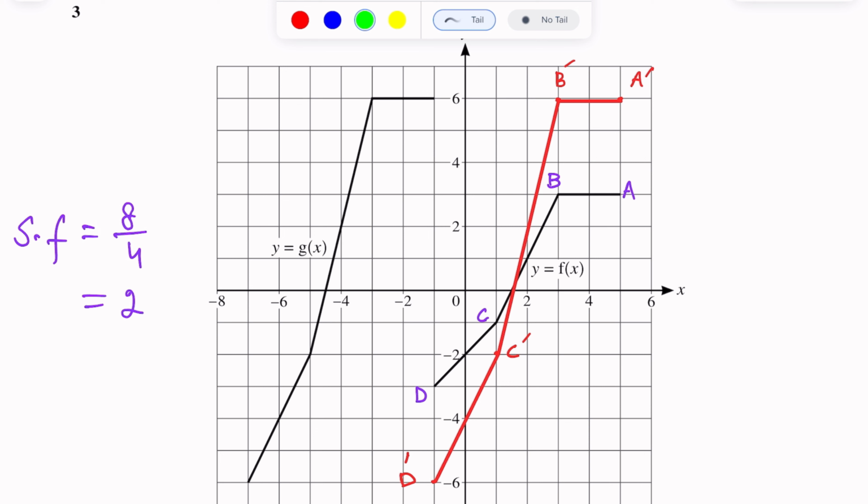Now, this is the final figure. So this figure A dash B dash C dash D dash is mapped onto this figure. We write here the corresponding coordinates. This is A double dash, this is B double dash, this point is C double dash, and this point is D double dash.